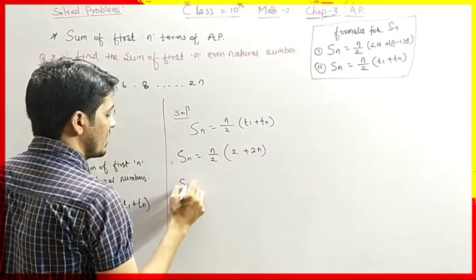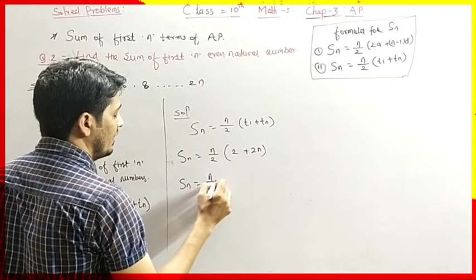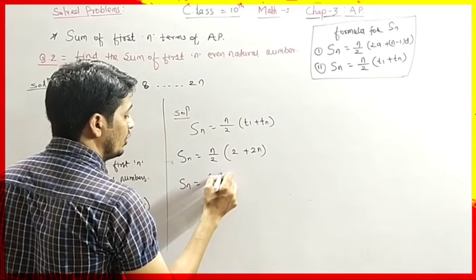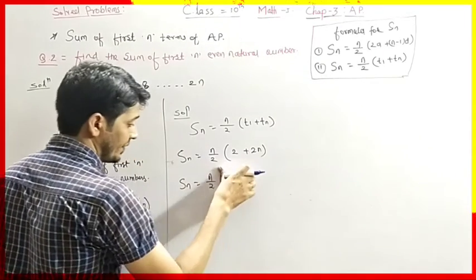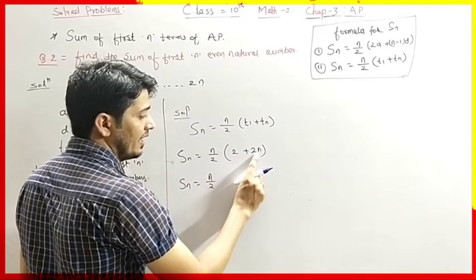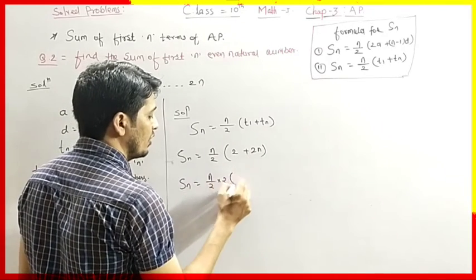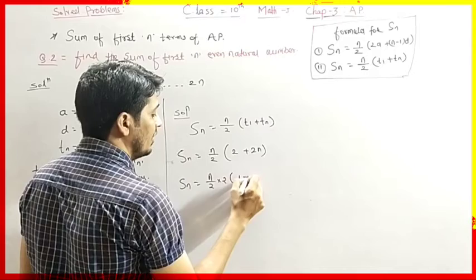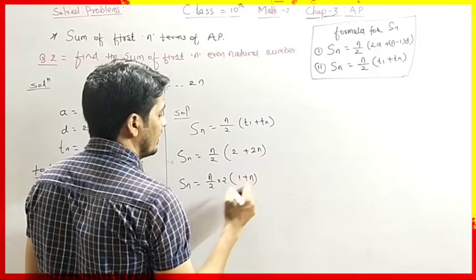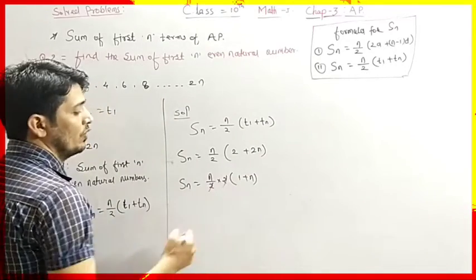So Sn equals n divided by 2 into, here we had 2 and here again we had 2. So we will take 2 common. What will remain here? 1 plus n. So this 2 and 2 will get cancelled.